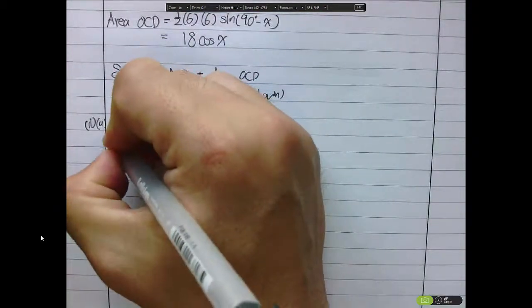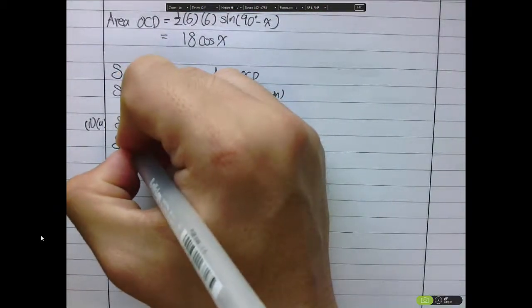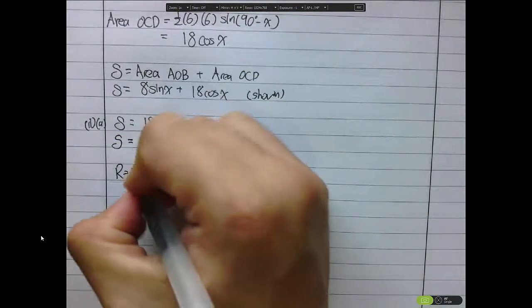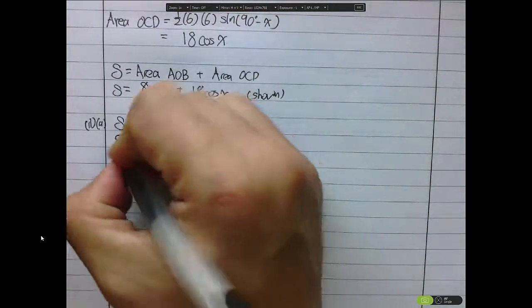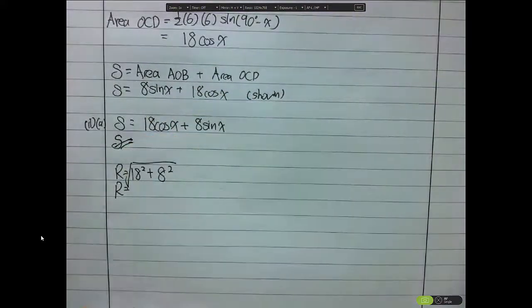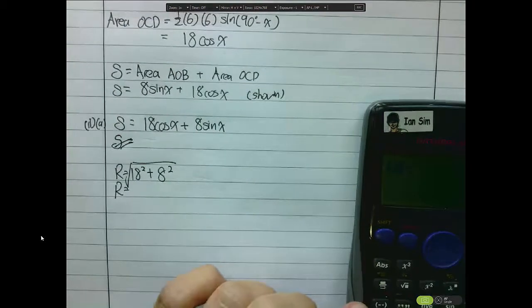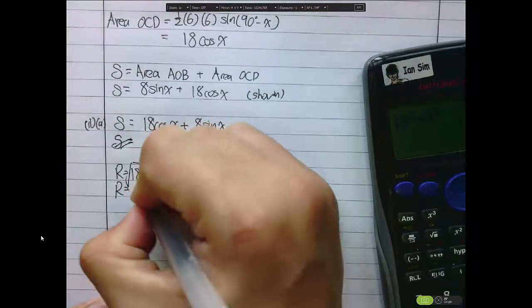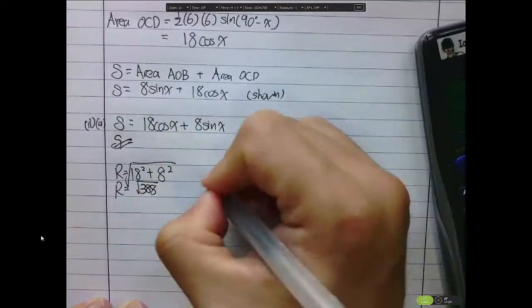So for the S value, we apply the R formula. R is the square root of 18 squared plus 8 squared. The R value is square root of 388.